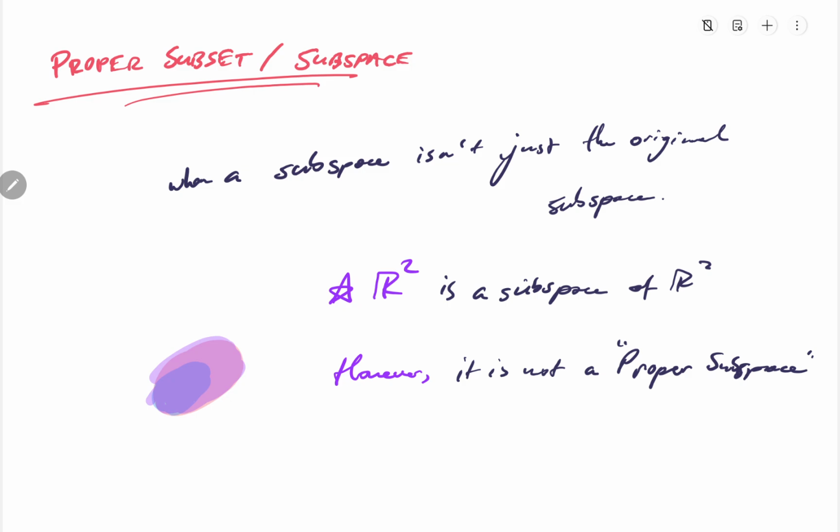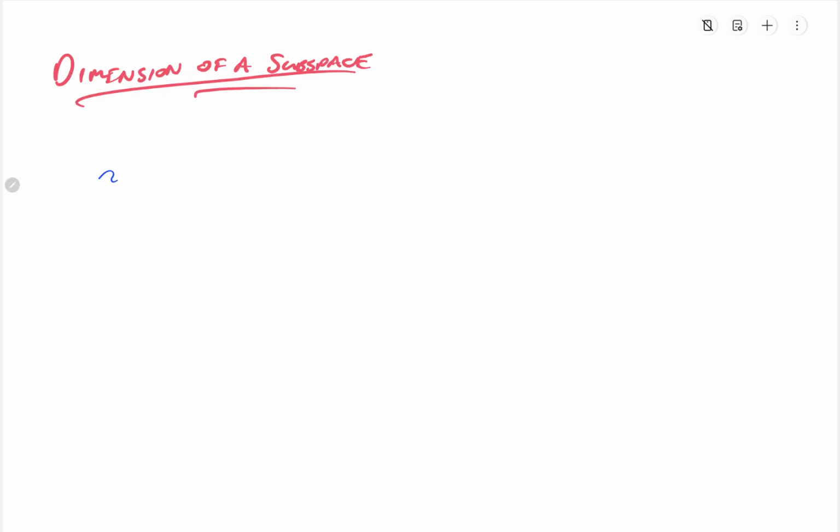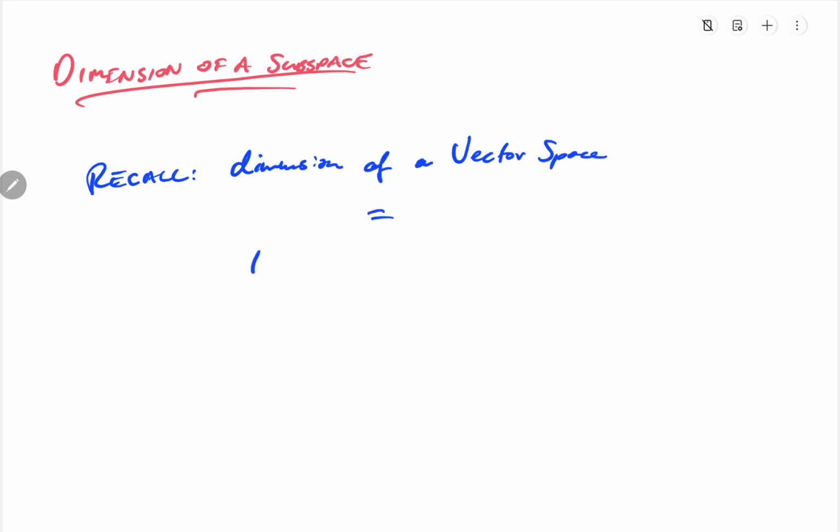All right, I think we have one more thing. Let's look at the dimension of a subspace. We can remember that the dimension of a vector space is equal to the number of coordinates.